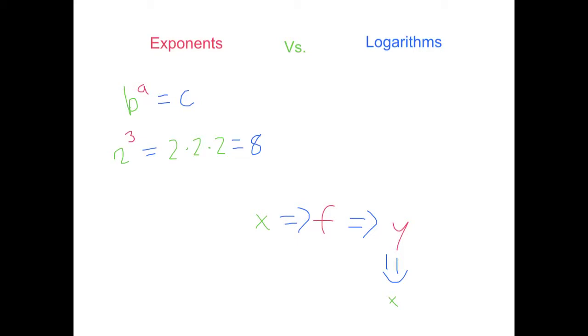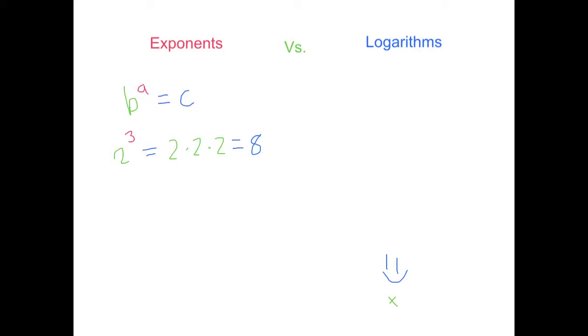It brings it through another function that gives you what you started with. It's kind of a bad example, but you put a number into a function, you get a different number, and if you put this different number into an inverse function, you get the number you started with. That's basically what we wanted out of logarithms.